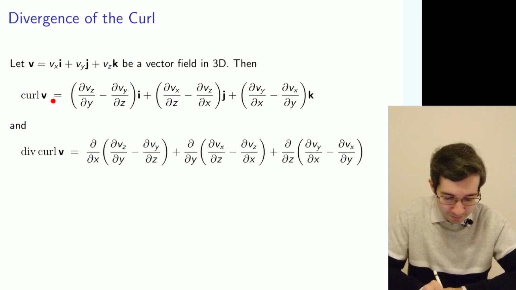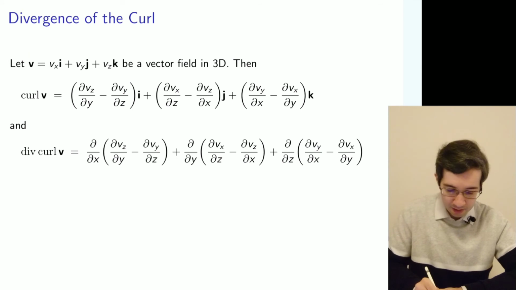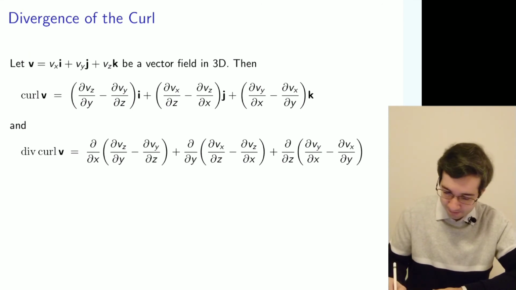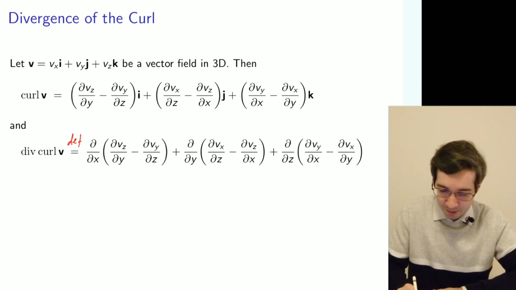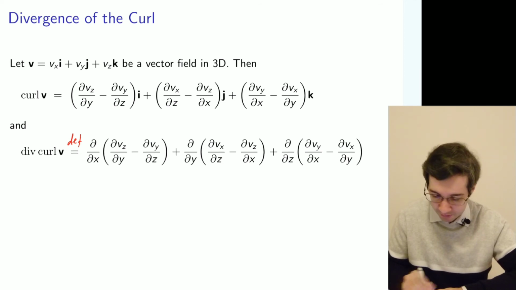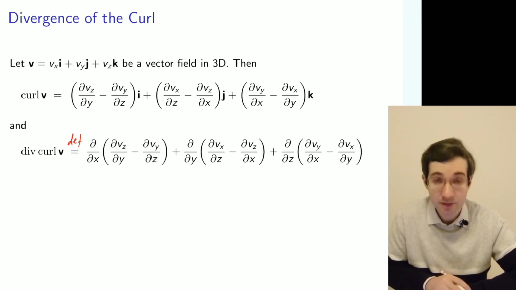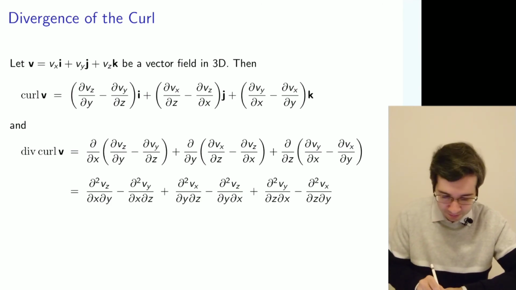Curl produces a vector field, and we can also apply divergence to a vector field. And we write by definition that it will be the derivative of the first component of the curl with respect to x, of the second with respect to y, and of the third with respect to z. Okay, we can simplify it one step further by expanding the brackets.